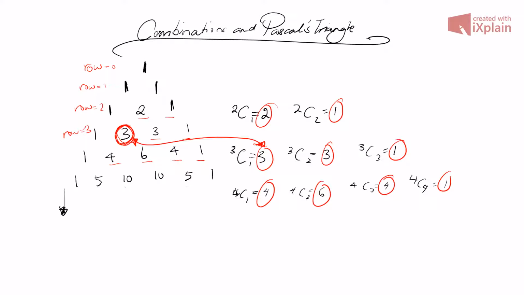Then if we have a look at our positions, these are all position number 0, sorry, position 0. Position number 1. Position number 2. Position number 3. Etc. And down we go.